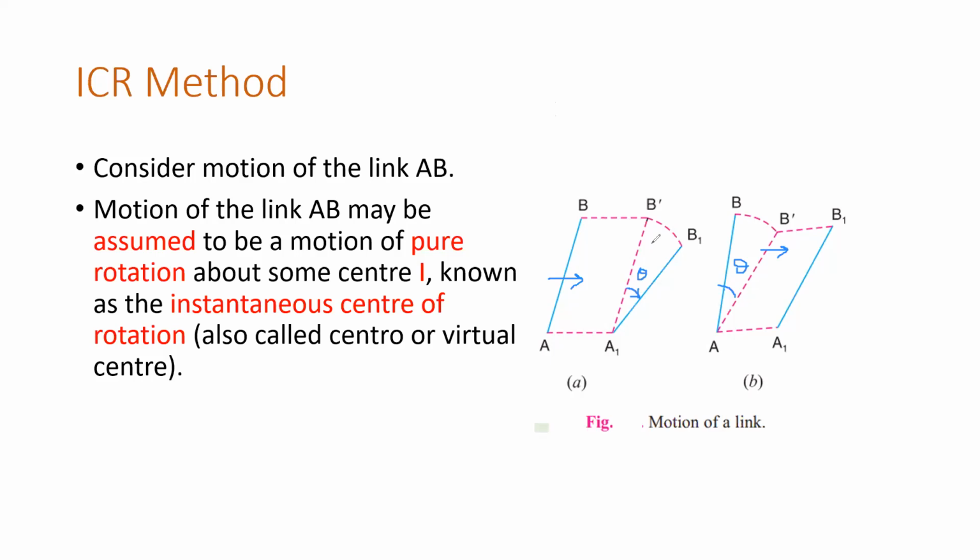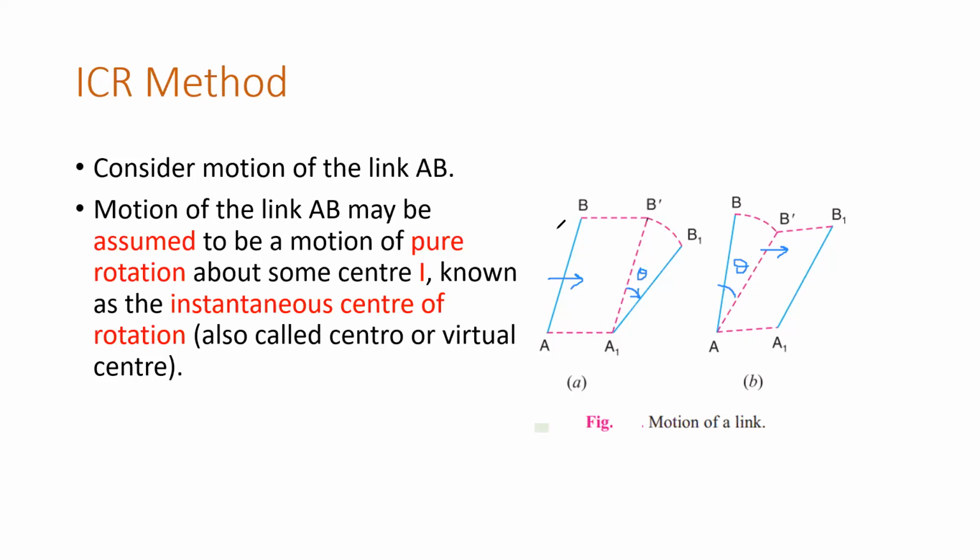For example, in this case only, if I assume that link AB has only rotated, then you will ask, sir, a rotational motion has some center, which is called the center of rotation. So about which point it has rotated, where is the center point?